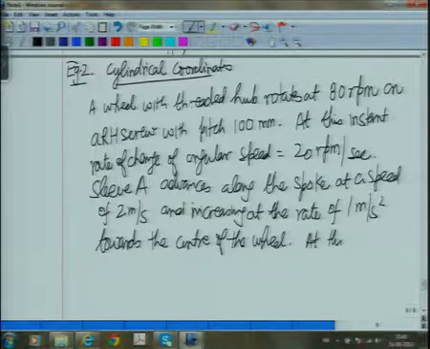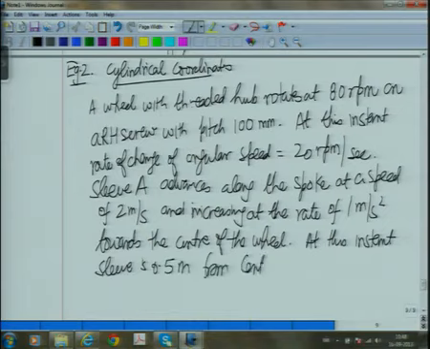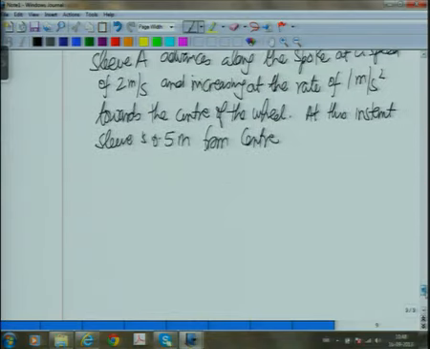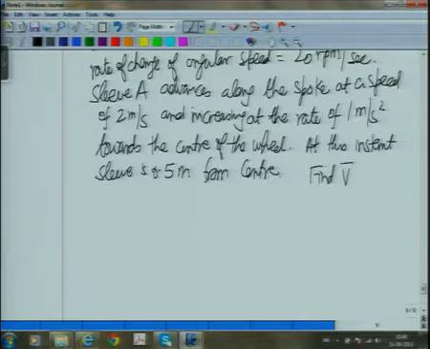At this instant, the sleeve is 0.5 meters. Don't need to write this down, I'll put this on the web, so you'll have this. It's at 0.5 meters from the center. And again we have to find the velocity and acceleration.